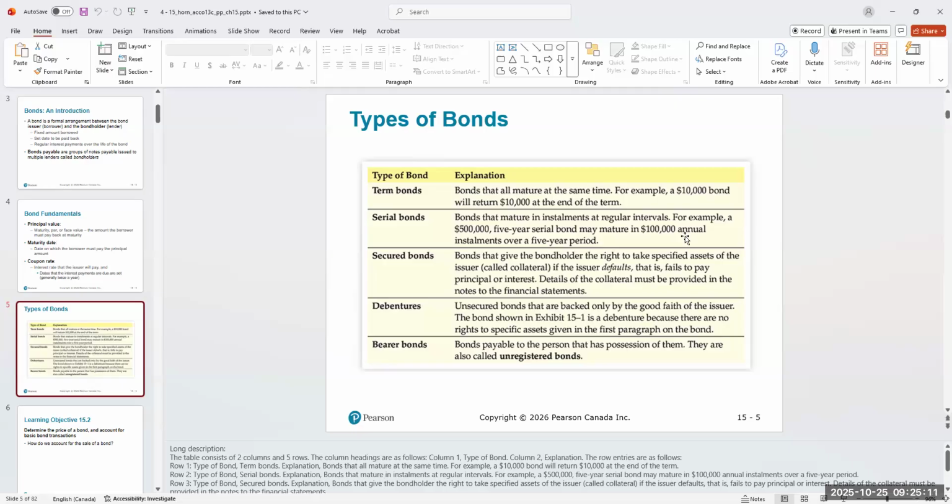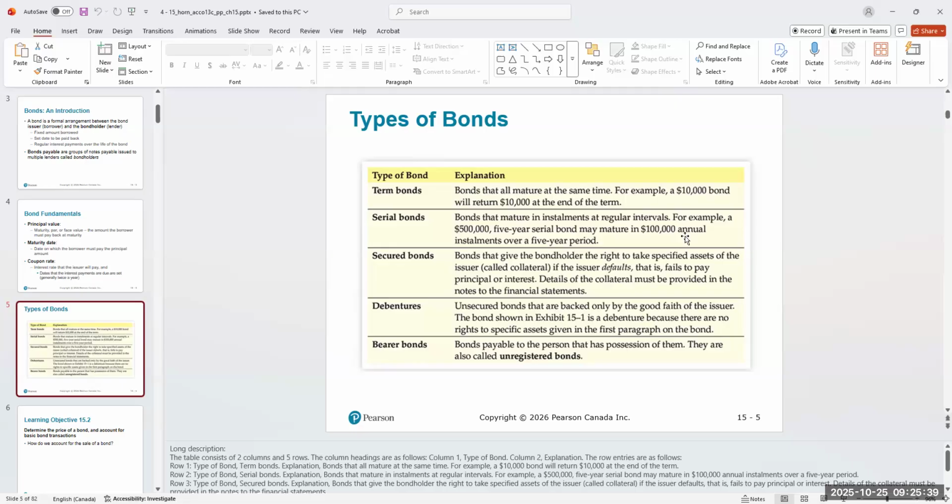So you set up with some collateral and then you agree, and that becomes a secured bond. What that means is that if the bond issuer defaults, meaning he says, "I cannot pay you the money back," you have some security and you can sell the collateral and cover the damages.